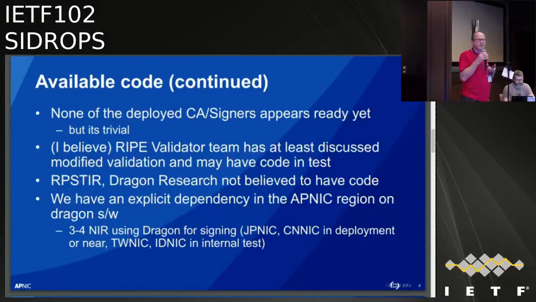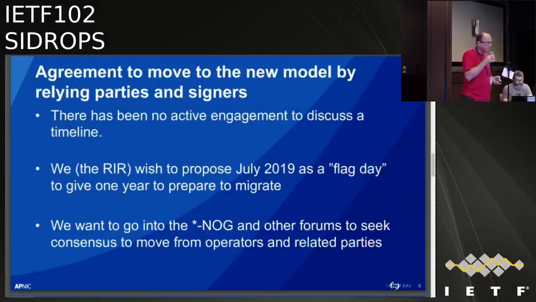And for APNIC, we are exposed to an immediate issue here, because our relationship is not that all things we sign exist directly with holders and users as assets. We have intermediaries, the national internet registries, and we know that of the NIR communities, 2 of them are in deployment using Dragon Research software, and 2 more are actively testing the deployment. So we're walking into a regime where we know that there are people using systems that don't have the ability to use the new OID.